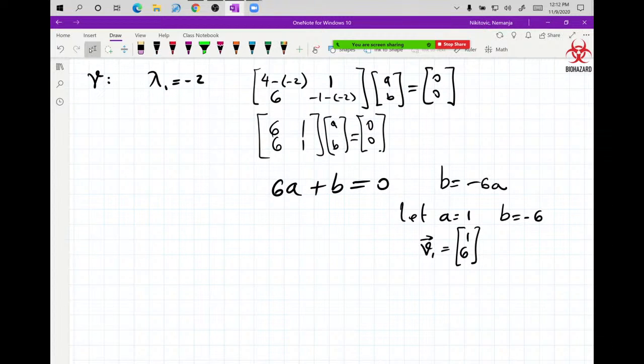Rinse and repeat for 5. See, the vector is different than before, right? We had, I think, 1, -3 as a vector. And now we have 1, -6 as a vector. Oh, by the way, you could have said let a be pi squared, in which case your b would be -6 pi squared. It's still an eigenvector, right?